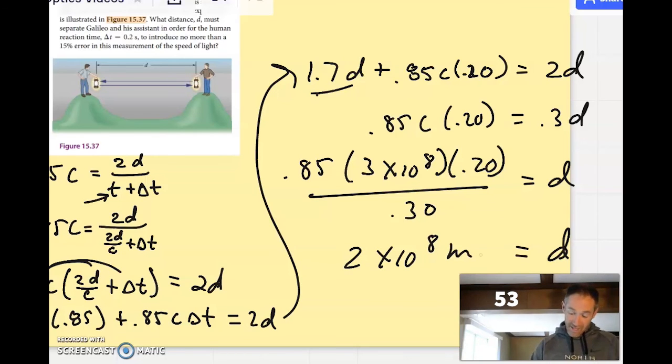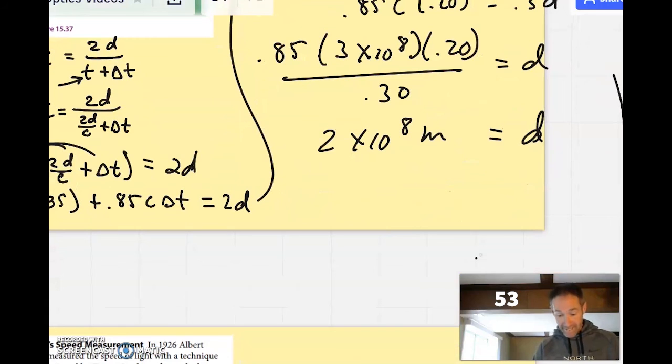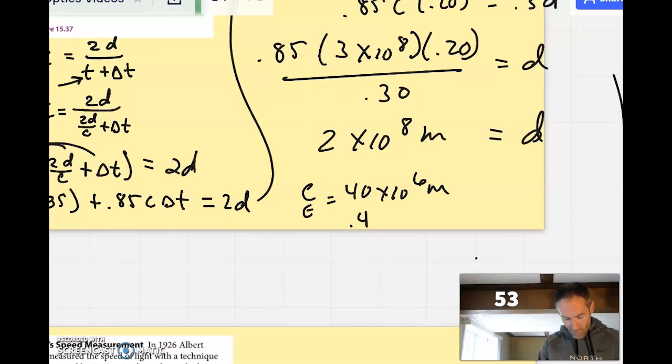Now, if you're thinking that's really far, you're right, that is really far. In fact, I looked it up. The circumference of the Earth is actually 40 times 10 to the 6th meters, aka 0.4 times 10 to the 8th meters. So you can see that that distance right there is like 5 times around the Earth.